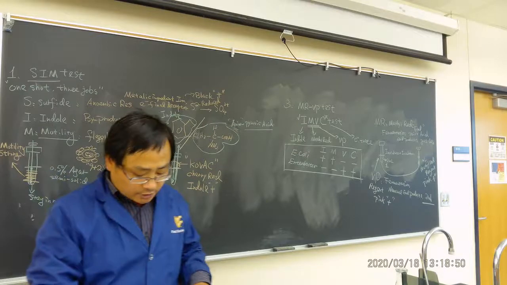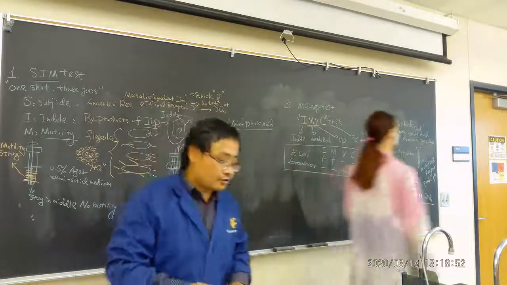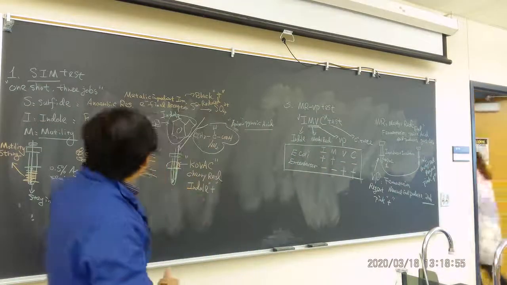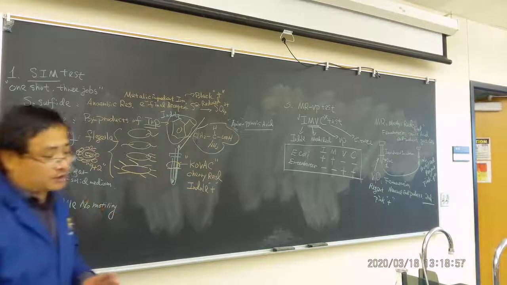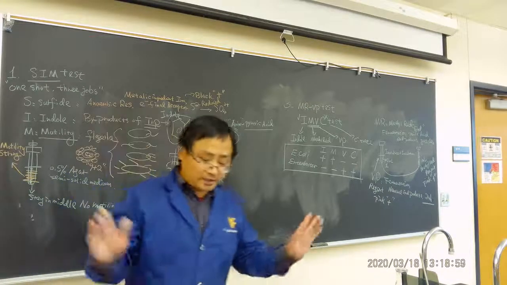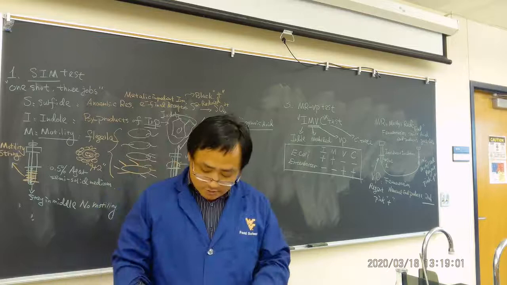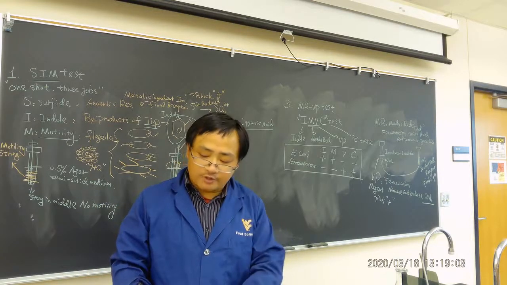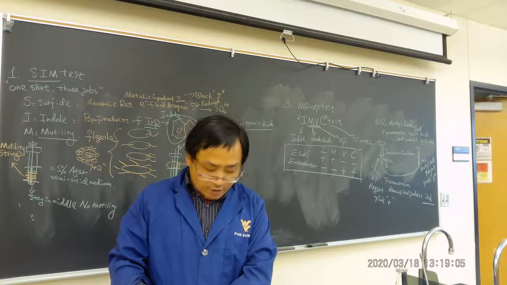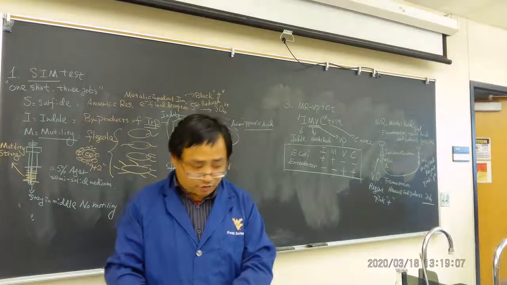We are talking about each individual test, including 3 tube fermentation, oxidase, catalase, SIM, so many. But in real life, when you're testing a bacteria, you're not going to be doing each one individually.